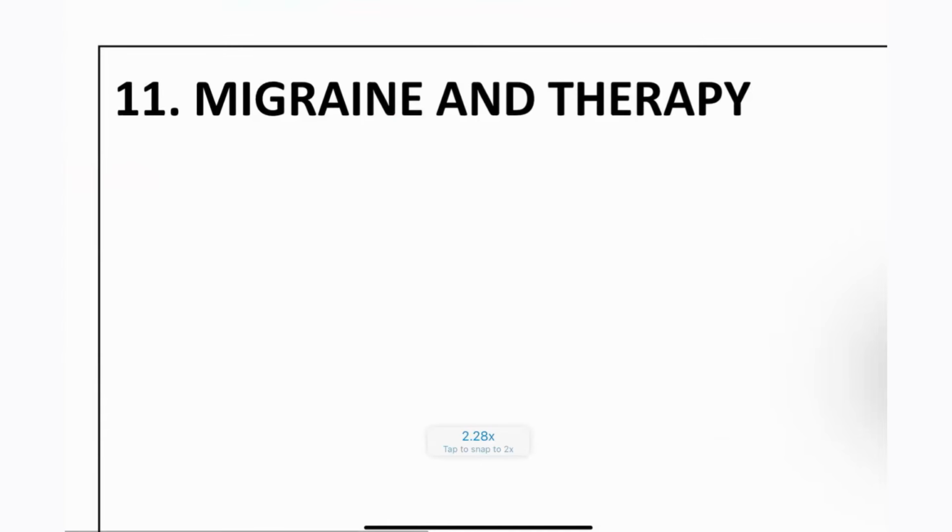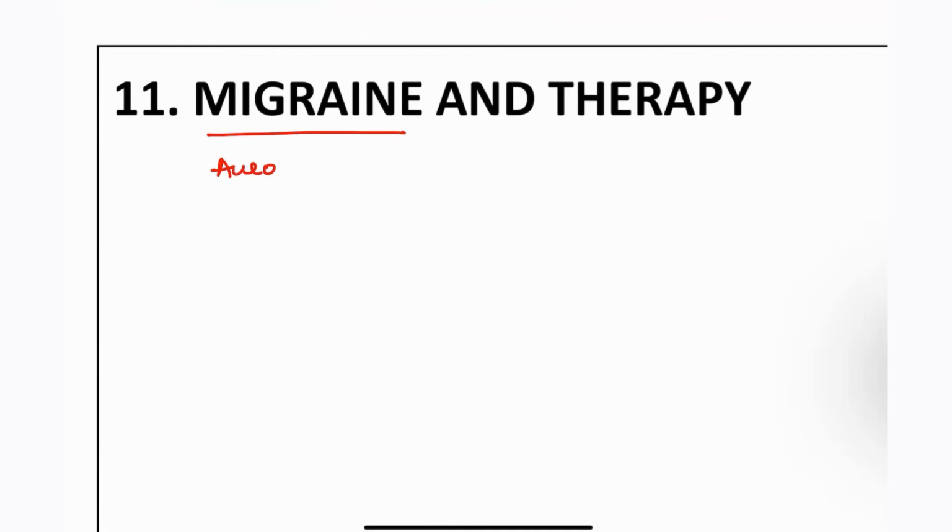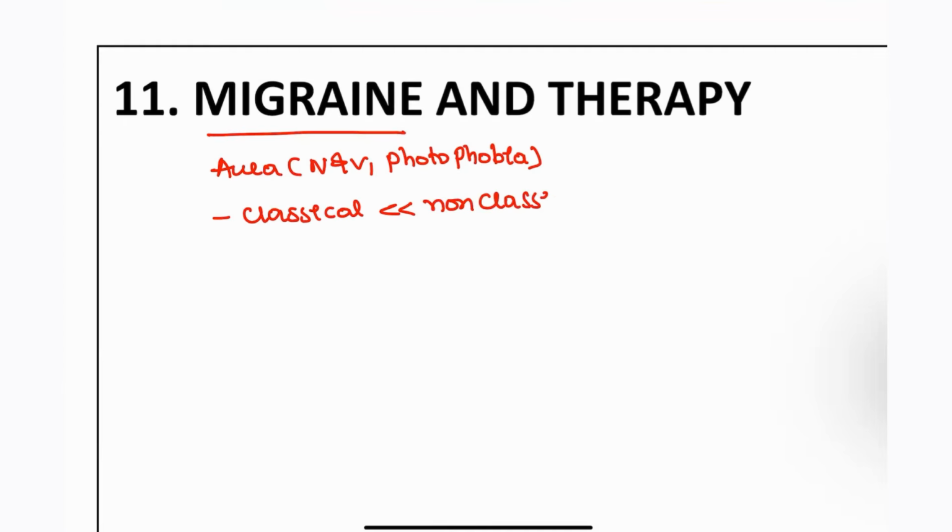The patient will have pulsatile pain, associated with aura, meaning nausea, vomiting and photophobia. Headache with aura is the classical form, but the non-classical presentation is the most common. Pulsatile pain will be seen in this patient.